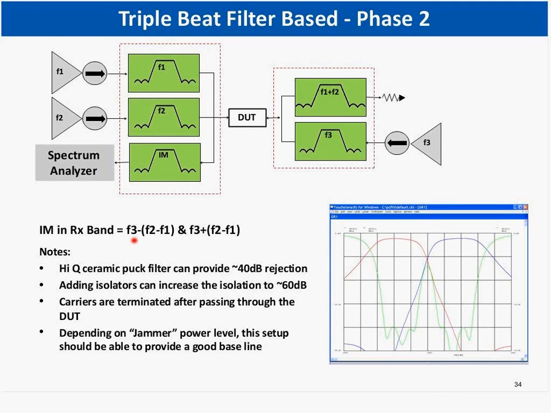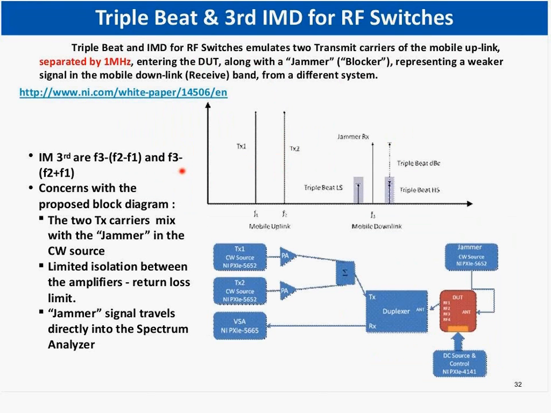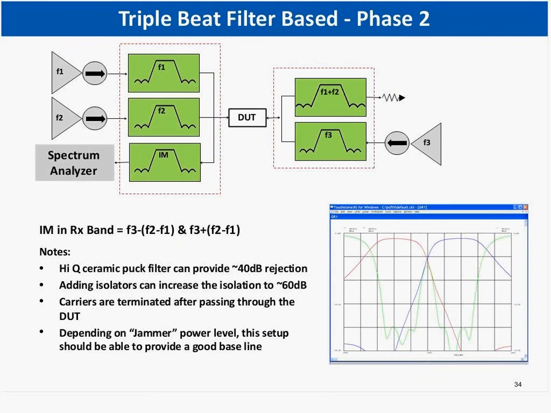And this measurement is extremely tough because the product is F3 minus the difference and F3 plus the difference. And I probably forgot to mention that we're talking about 2 signals that are 1 megahertz apart. That's a very, very tough measurement to keep the noise level down.